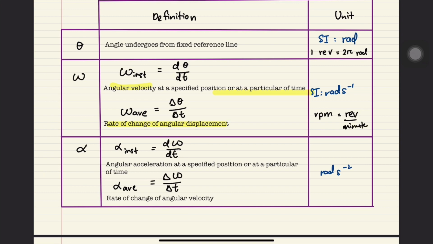So in 1 minute, how many revolutions does the object make? For example, 5 RPM means 5 revolutions in 1 minute. So you need to be able to convert units here. For example, if they give you RPM, you have to convert to radian per second. If they give you revolutions, you need to convert to radian. Remember, the SI unit for theta is radian, omega is radian per second, and alpha is radian per second squared.